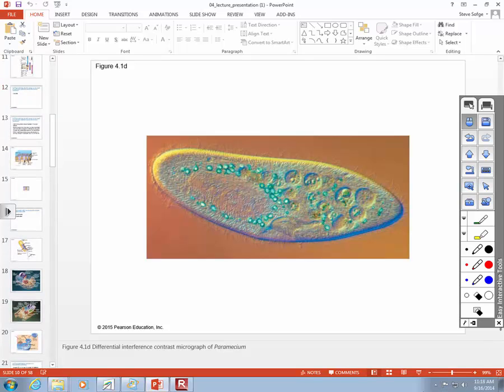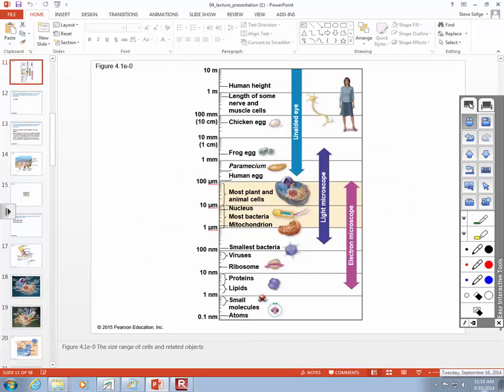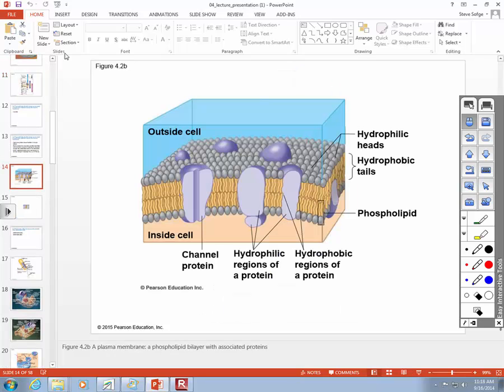Okay, so these things look huge, but cells are typically very, very small. When we can get up to cells, the smallest bacterium they're showing is about 100 nanometers. Well, anyway, let me back up there.